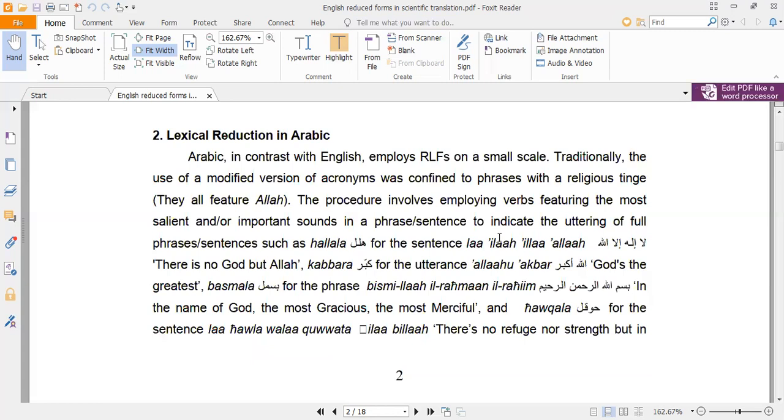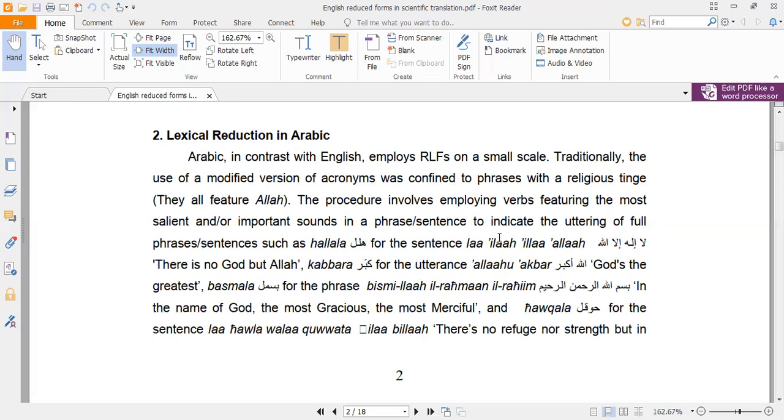Actually, as we said at the beginning of this lecture, Arabic uses lexical reduction as a process of formation of new words only to a limited extent, while English makes great use of lexical reduction.